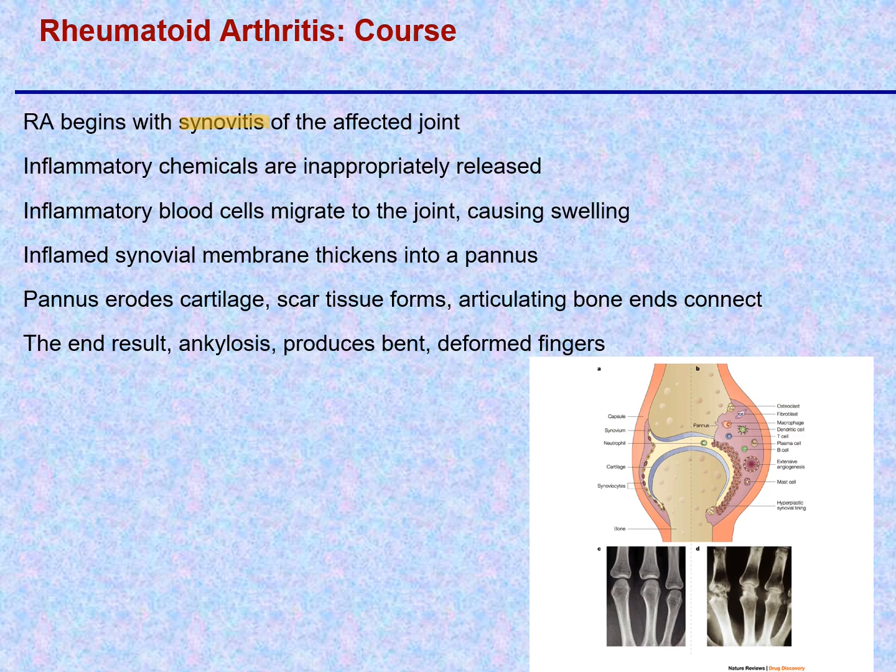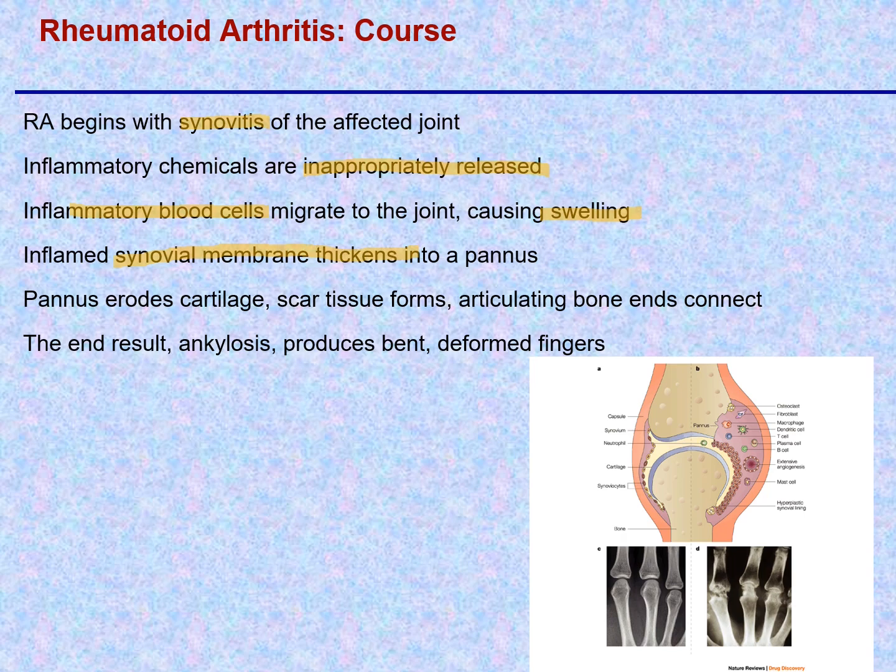And what happens is that molecules that the body produces during the inflammatory process are inappropriately released into the joint, and you get migration into the joint of inflammatory blood cells that cause swelling, and the synovial membrane thickens. It thickens quite dramatically.